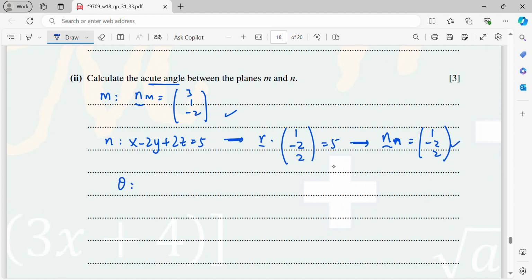So I let theta be the angle between M and N, between two planes. That means here it will be n of M dot n of N, that is the scalar product formula, modulus of n M times modulus of n N times cos theta.